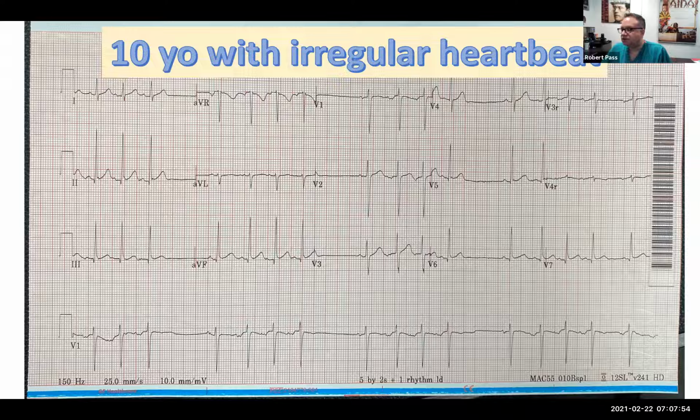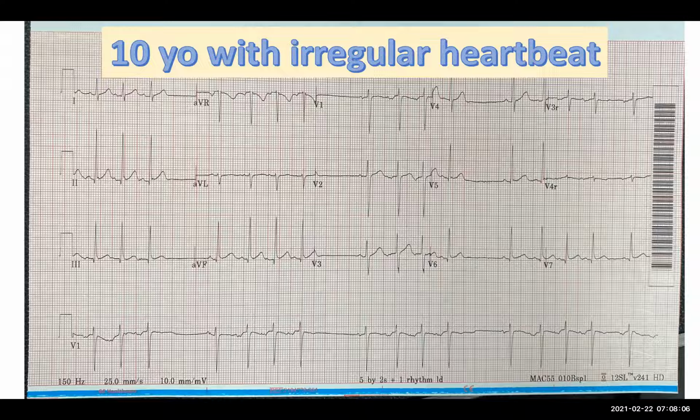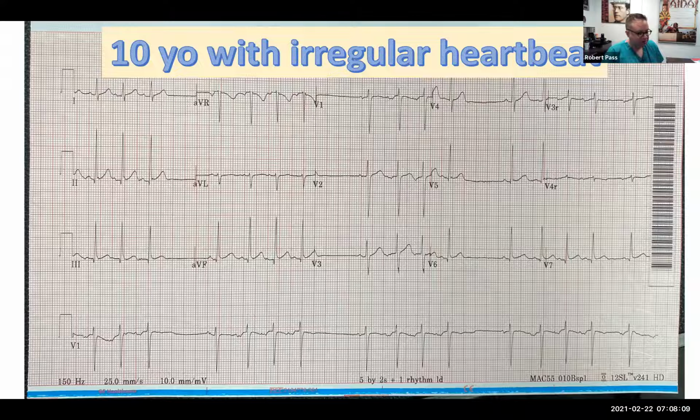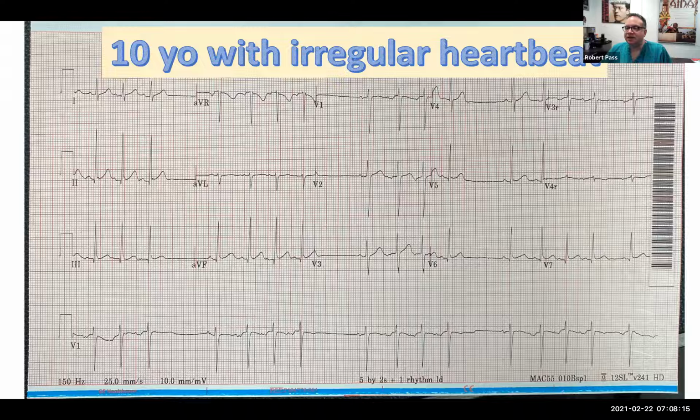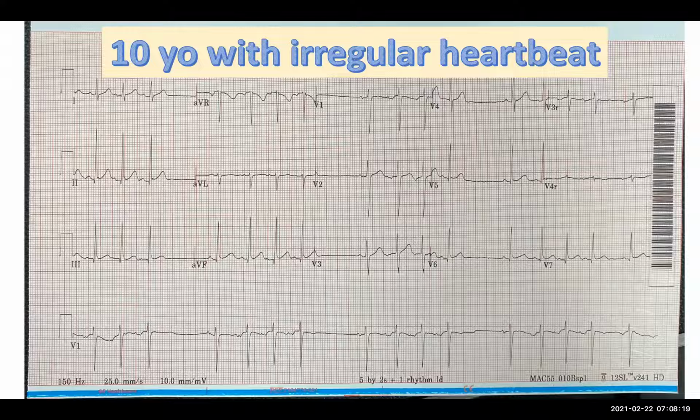What else would you do? Any other evaluations you would do on this patient? Well, we can jump to the EP study right away, but I guess you're asking about something in between. Yeah, we wouldn't normally go straight to EP. So an echo. Why would we do an echo? To check if there's any thrombi. Okay.